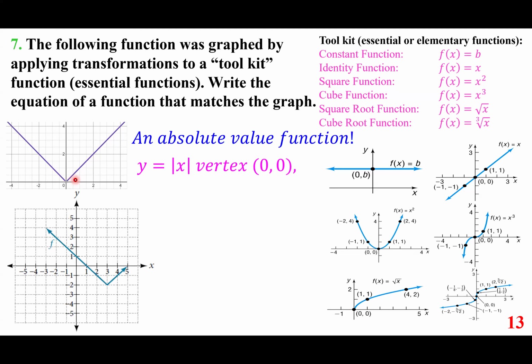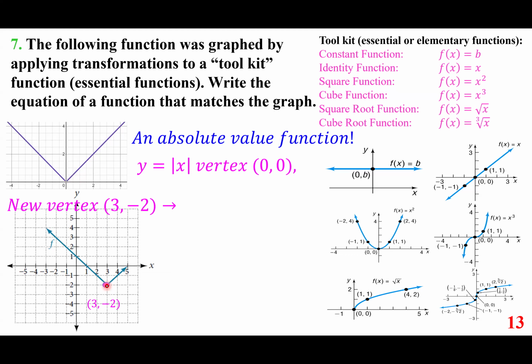Okay, so the vertex is at 0, 0. But this guy, the vertex is at this location, which is 3, negative 2. So that's the new vertex.